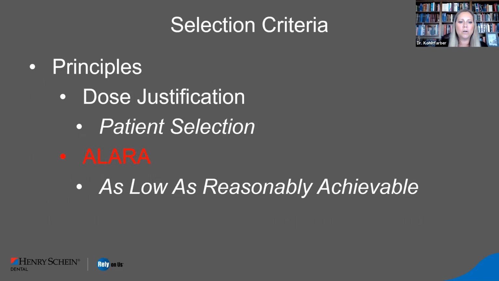So when we went to school, we learned about dose justification, patient selection. Not every patient needs the exact same type of scan or the exact same type of images. ALARA, as low as reasonably achievable. So we want to provide dose that is diagnostic, but be able to stay as low as possible.